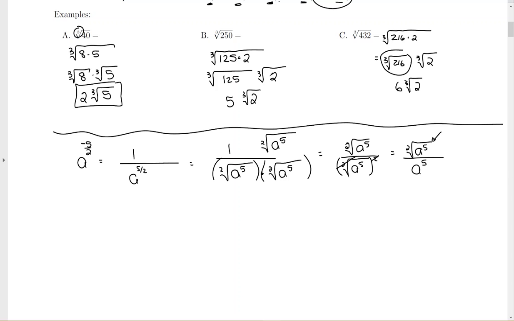This, however, can be simplified even further. This can be broken up into the square root of a to the fourth times a to the 1. Square root of a to the fourth, you can simplify. That's just going to be a to the 4 over 2.